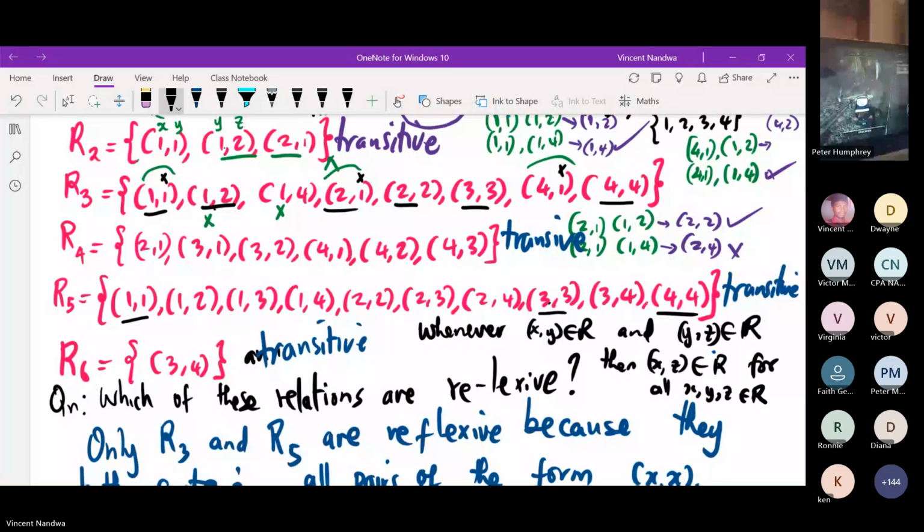So respect every term in the definition. We are saying that whenever X, Y is in R and Y, Z is in R. But remember here we just have 3 and 4 as one pair.